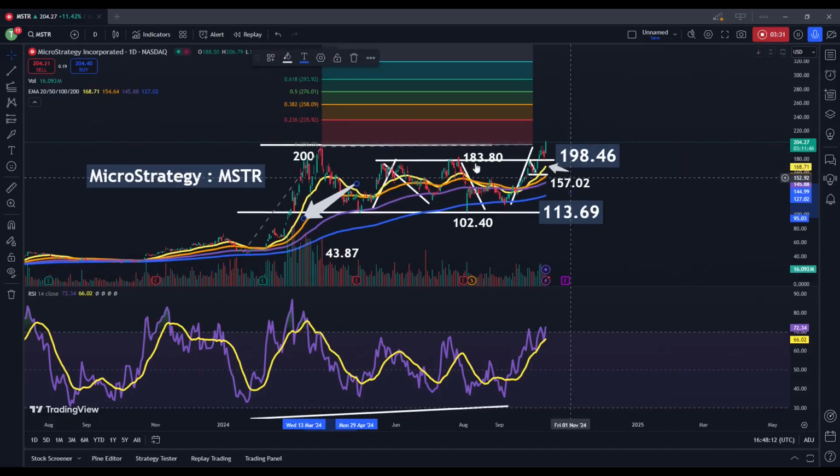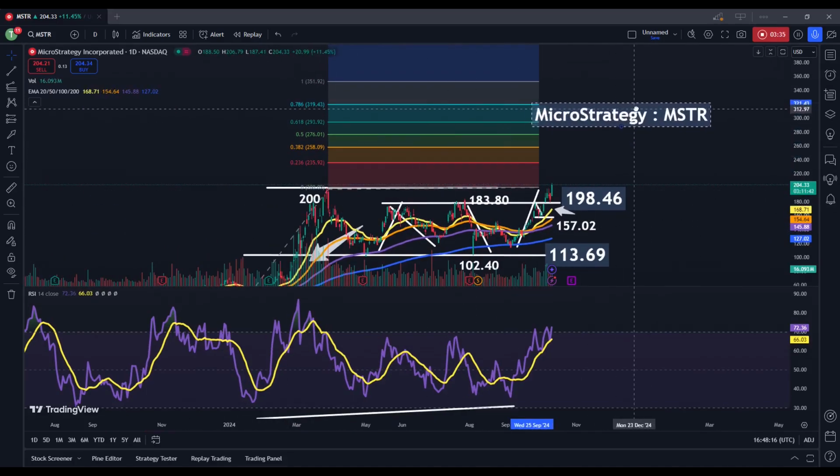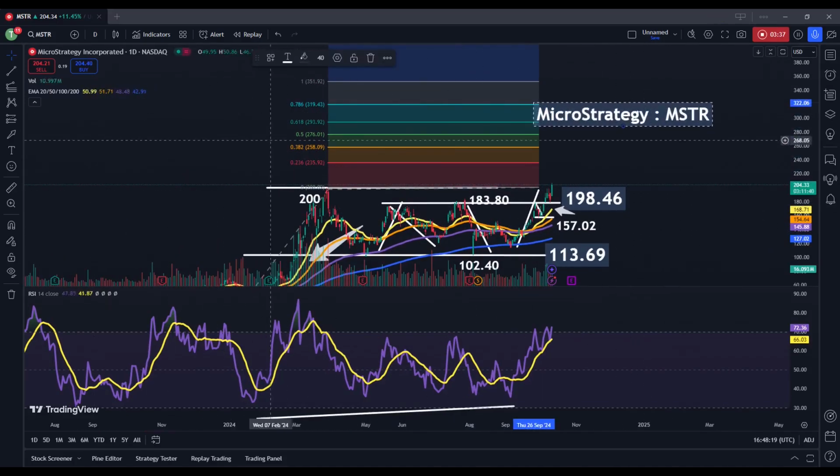So one way of accomplishing an upward price target here could be using Fibonacci extension zones. One area that I would be watching comes in right around 235.90. We can point that into the price chart here.